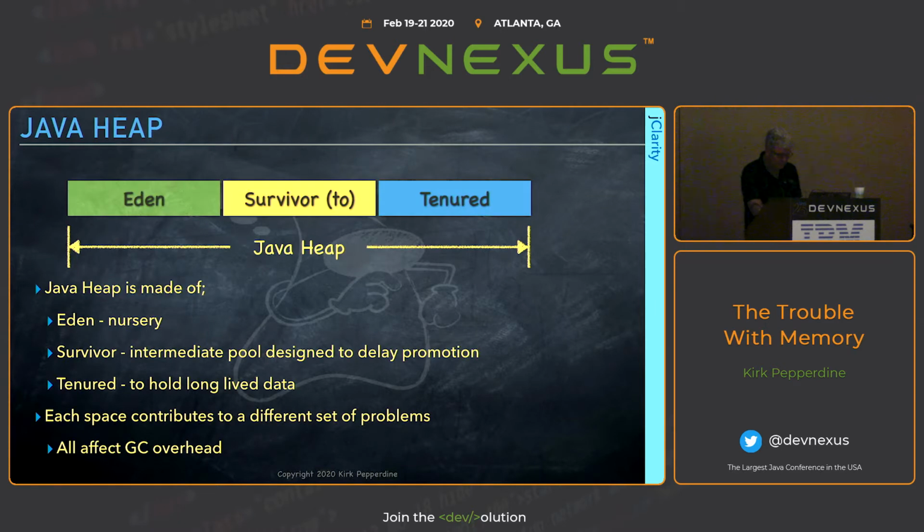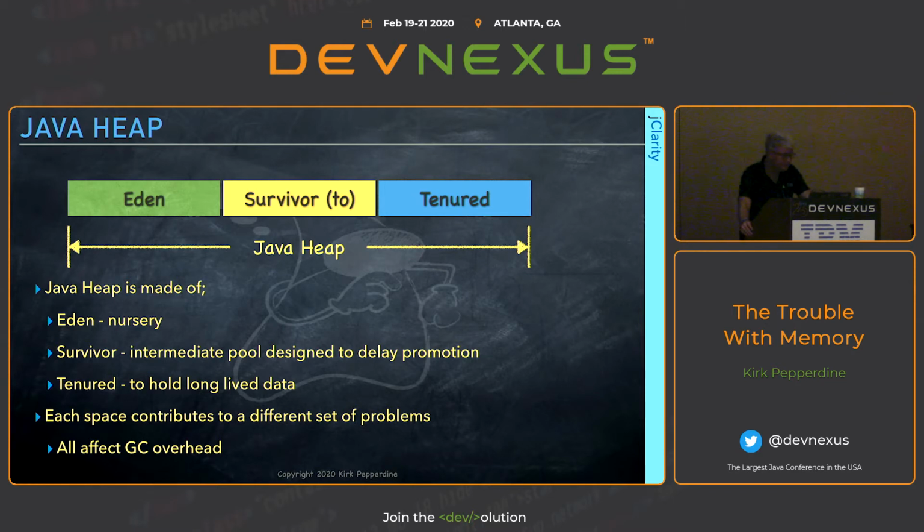So just to give a little summary, this is like a typical heap space, where what we're looking at is Java heap. And Java heap is going to be made up of a nursery where all the allocations are generally going to occur, survivor space where the data is first copied to, and a tenured space where, after it's survived a certain period of time, it's going to be deemed old enough to be moved out into this tenured space.